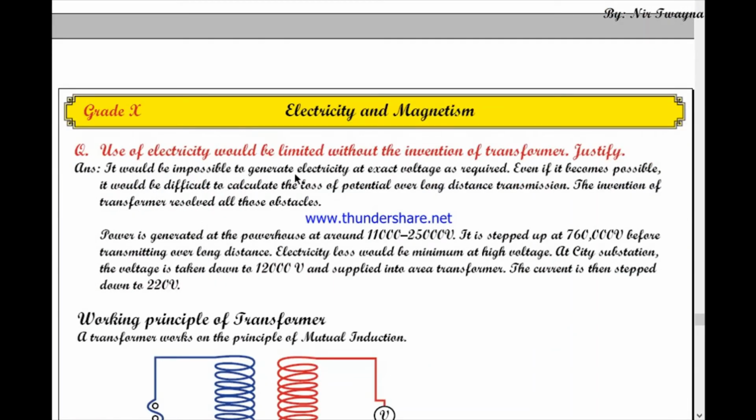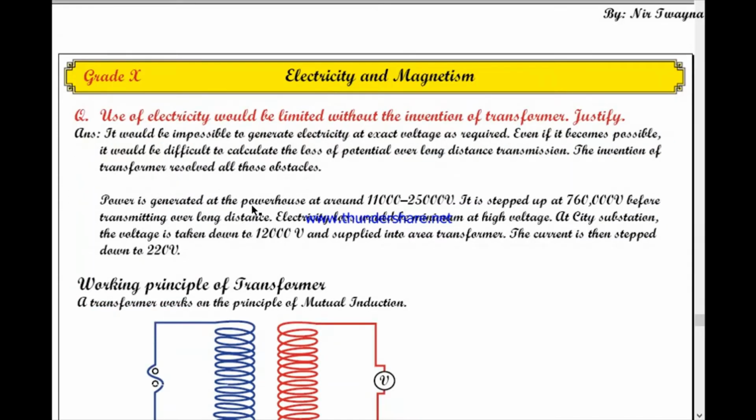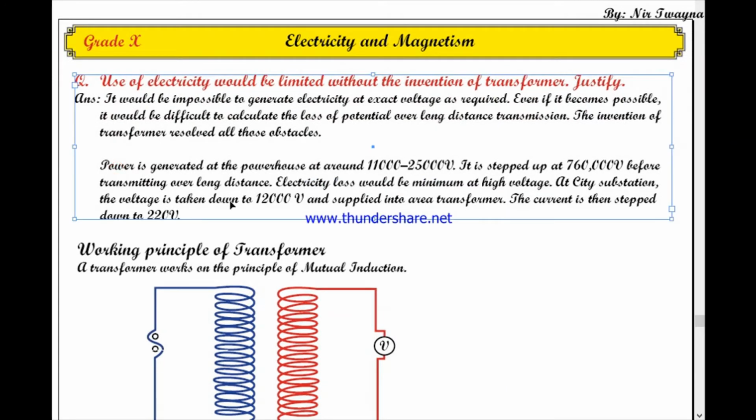It would be impossible to generate electricity at the exact voltage as required. Even if it becomes possible, it would be difficult to calculate the loss of potential over long distance transmission. The invention of the transformer resolves all those obstacles. For example, power is generated at a power house at around 11,000 to 25,000 volt.